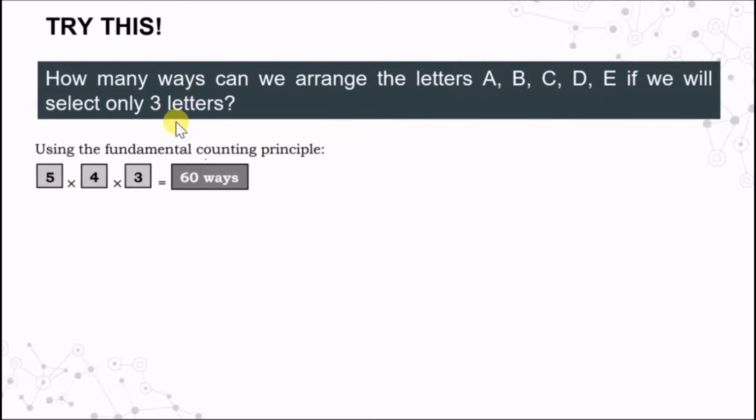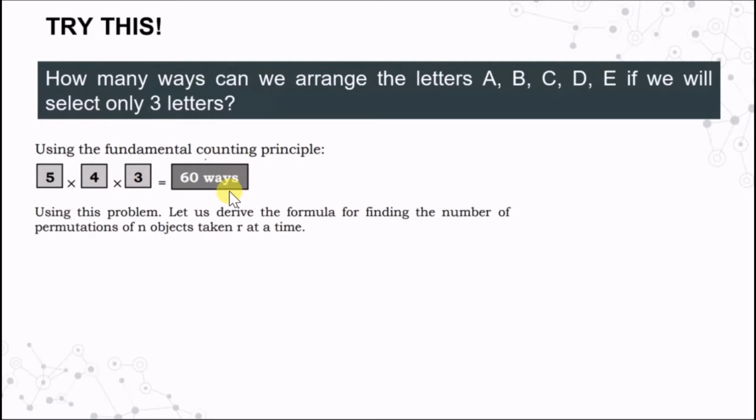Again, from the fundamental counting principle, for the first selection we have 5 choices. For the second, since we already made one selection, we only have 4 choices. And for the third, we only have 3 choices because we already selected 2 from the given letters. Multiplying that, you will have 60 ways.